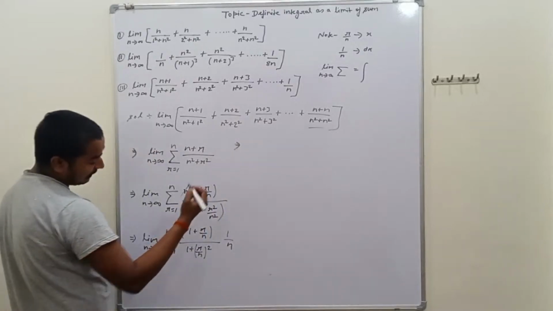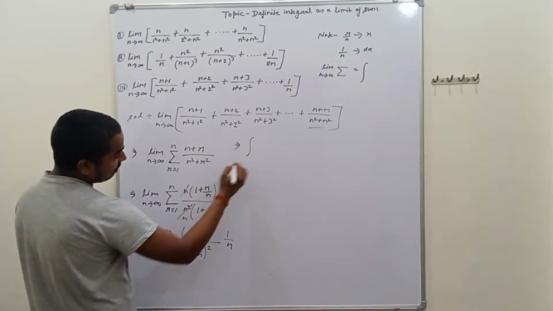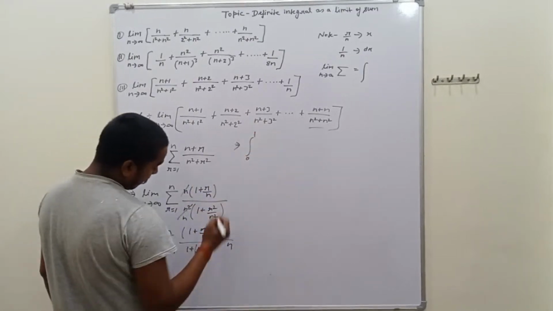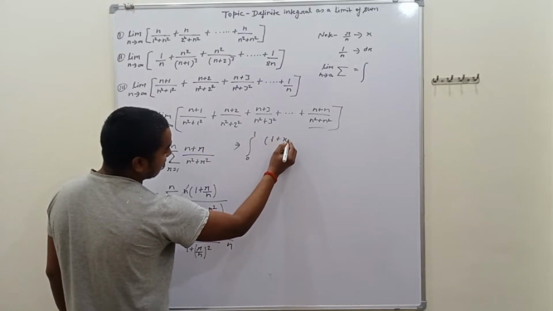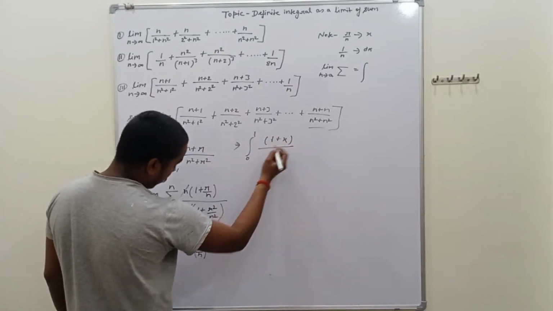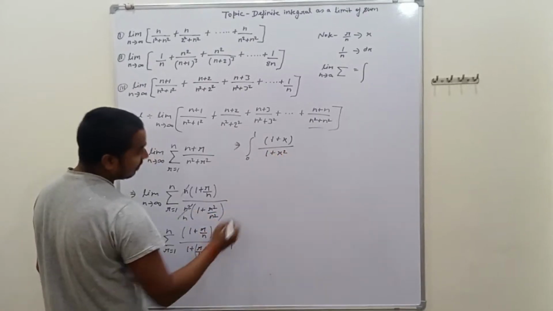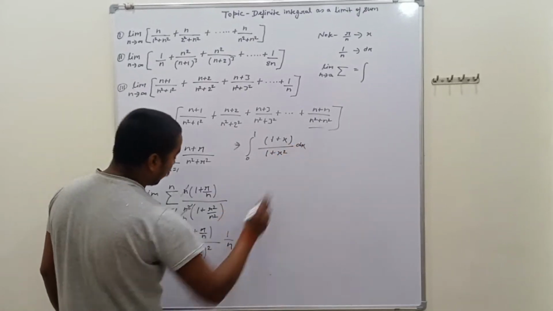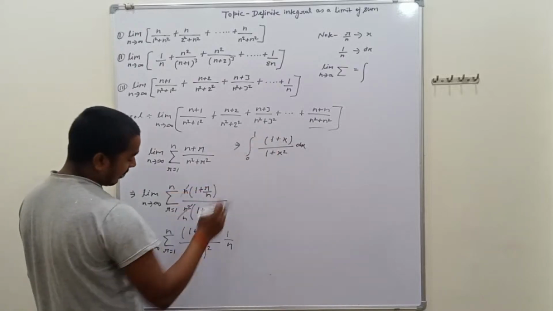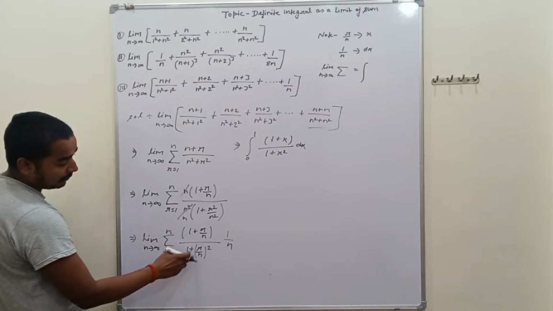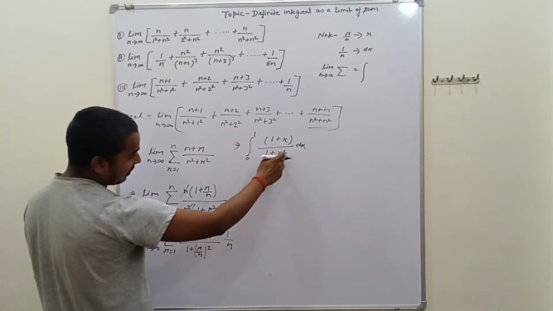We also write the integration from 0 to 1 of (1 plus x) upon (1 plus x square) dx. We put x in place of r by n, and in the denominator also x in place of r by n, that is 1 plus x square dx.